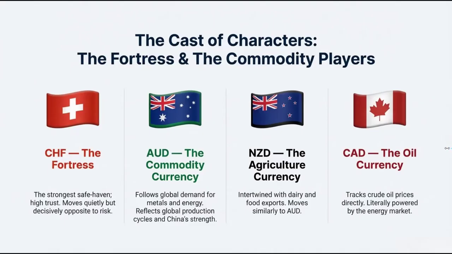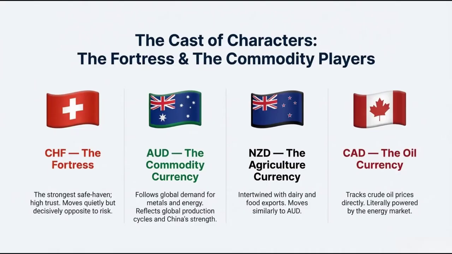Then we have NZD, the agricultural currency. This is intertwined with dairy and food exports, and moves very similar to AUD. We have CAD, the Canadian dollar. This is the oil currency.